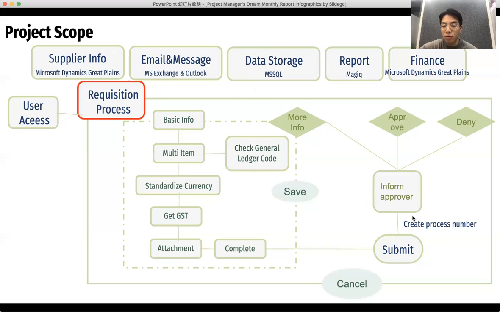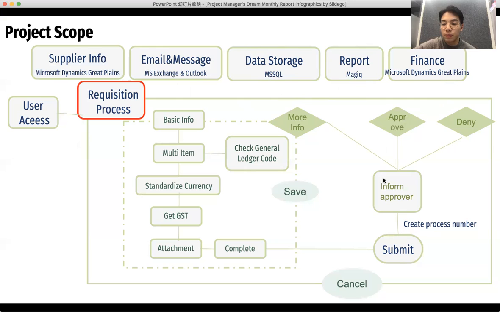And also for the inform approver processing, the data is delivered by the email and message system using the MS Exchange within Museum Victoria. And at any time, if the company wanted to have some clue about how the data is going, the data analysis part, they should use Magic Queue to extract the data from the data storage.